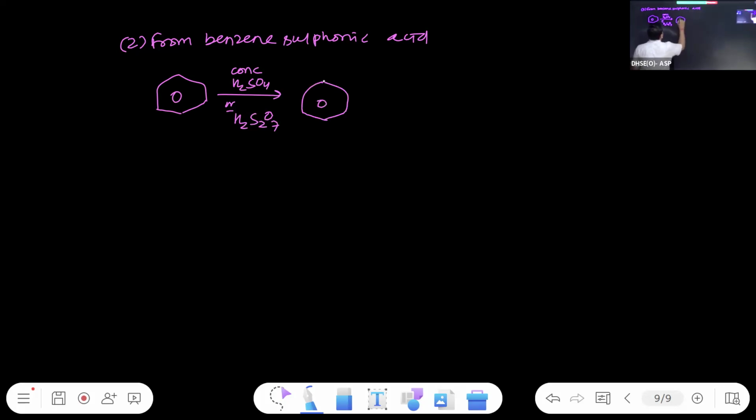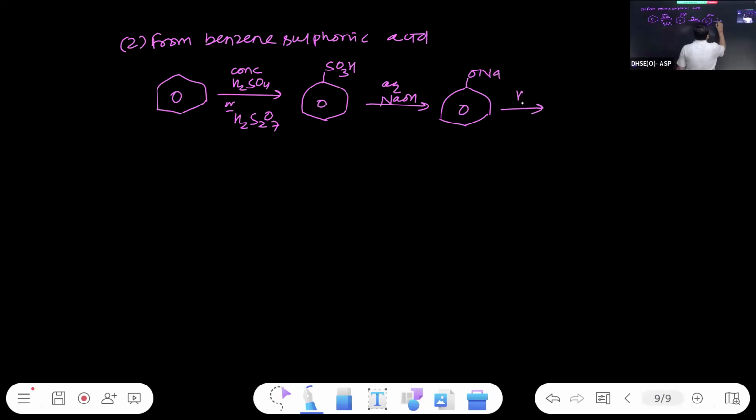That gives benzene sulfonic acid. Again, it will be fused with aqueous NaOH to form sodium phenoxide, and after undergoing acidification, it forms phenol. So this is the second method, from benzene sulfonic acid. Note down.